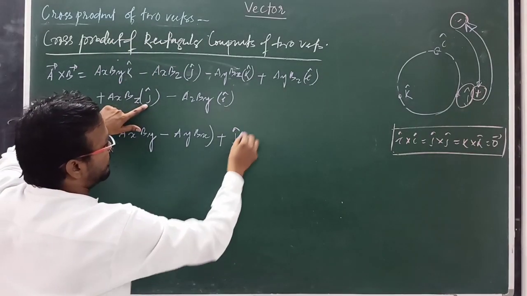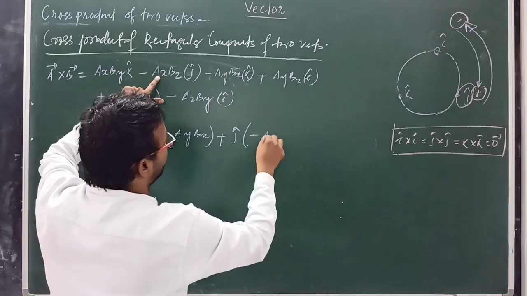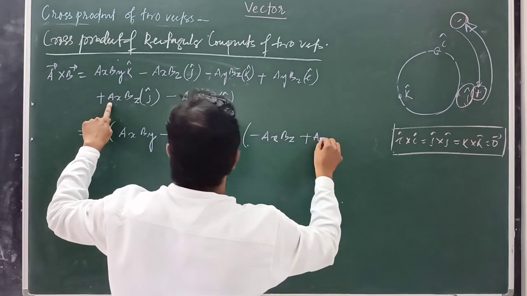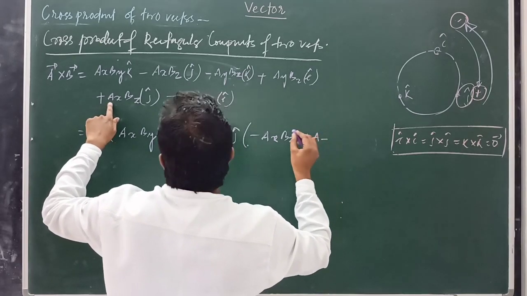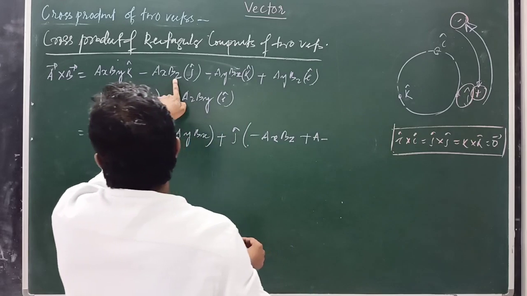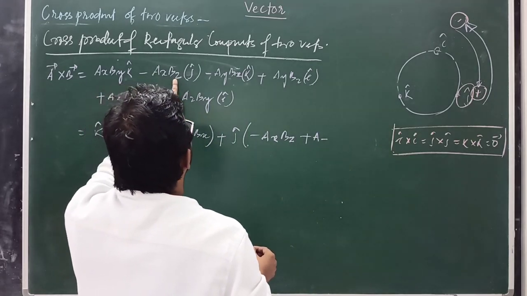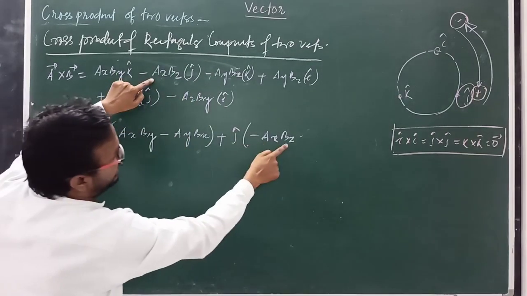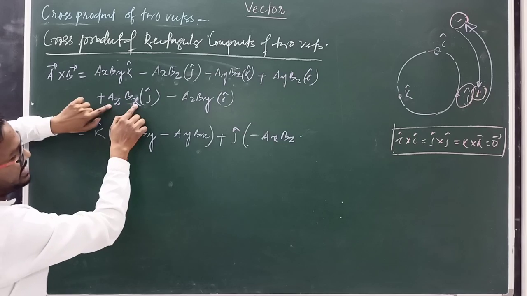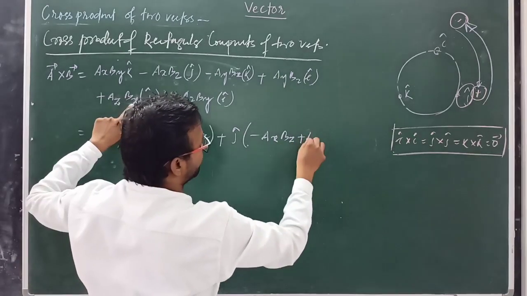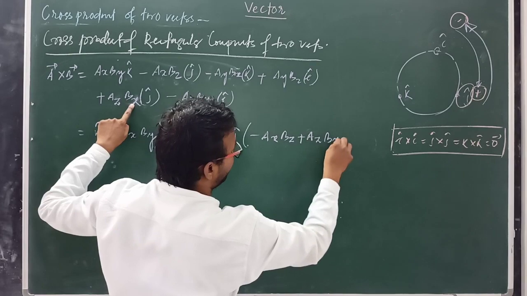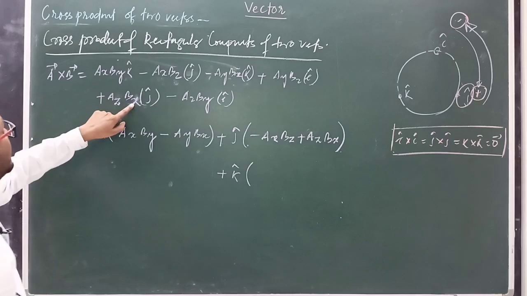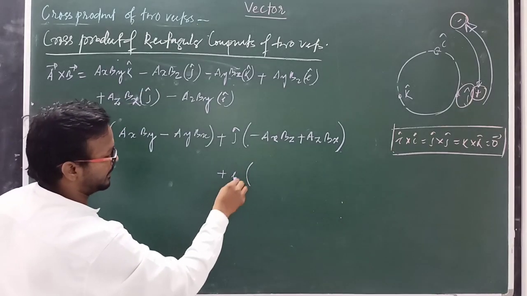So I am writing here j cap equal to the negative sign, that is minus ax bz and here positive plus ax bz. So j cap is common here, so negative ax bz and here positive sign az bx, plus az bx, plus k cap into i cap.